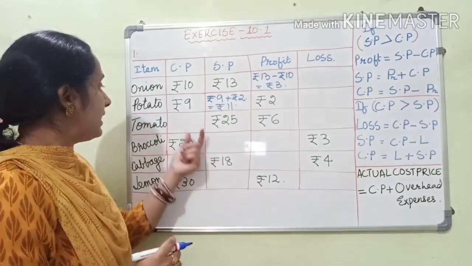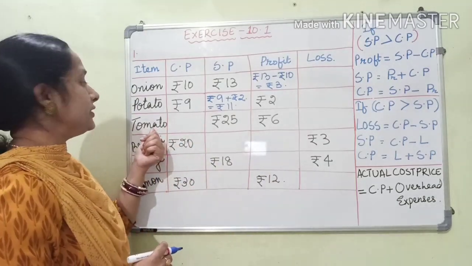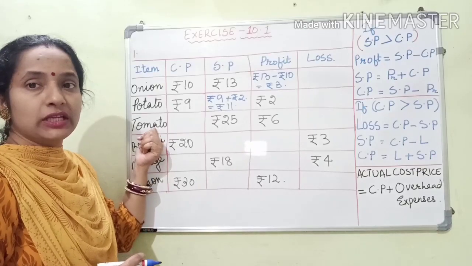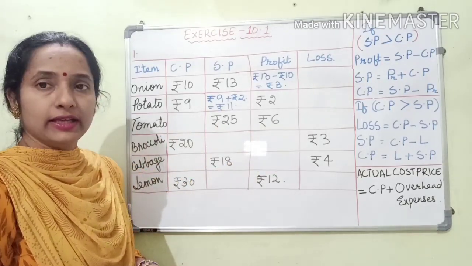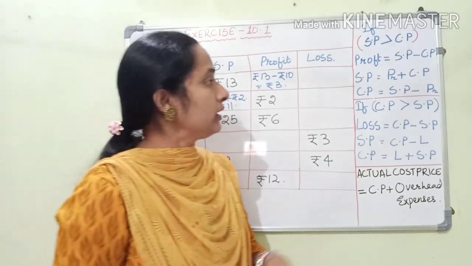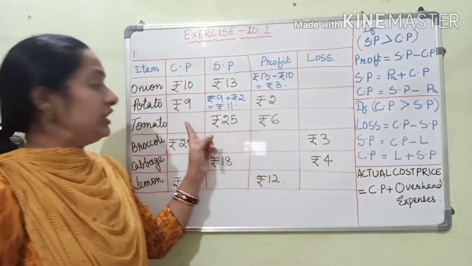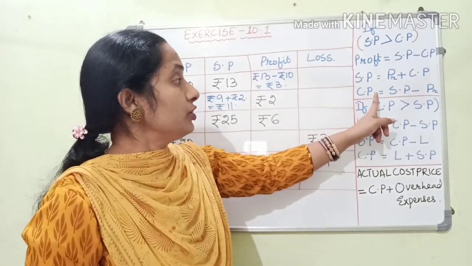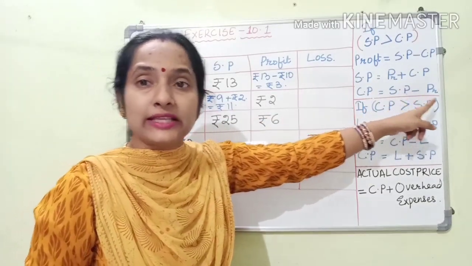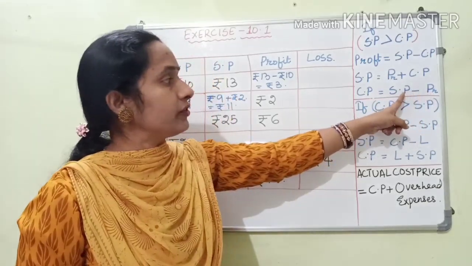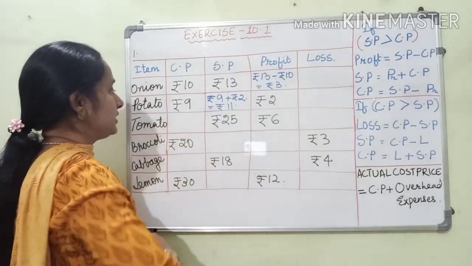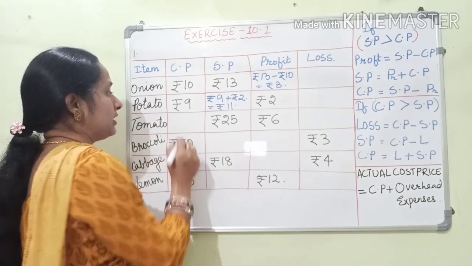Understood? Next we have the item tomato. Tomato selling price is given and profit is given. Children, you just go through the formula, and we need to find the cost price. So how could you find the cost price when the selling price and profit are given? We will subtract the profit from the selling price.